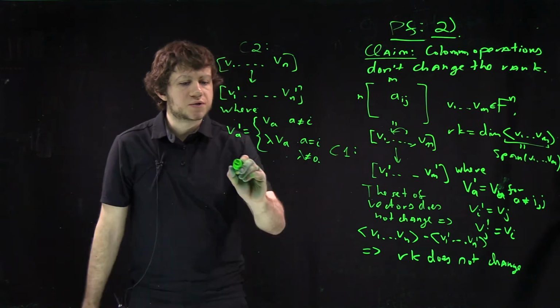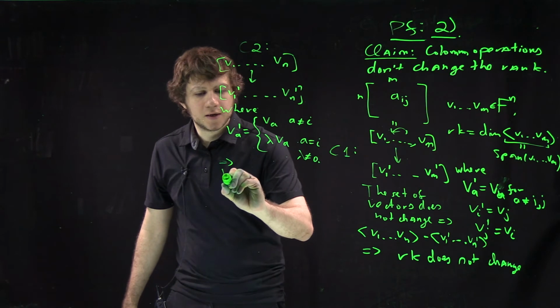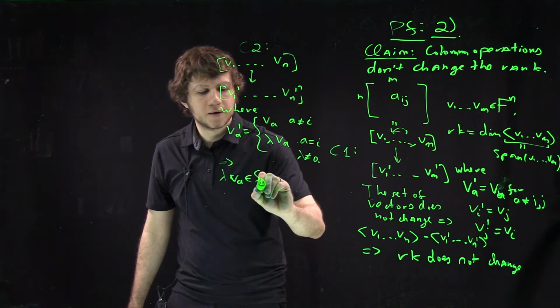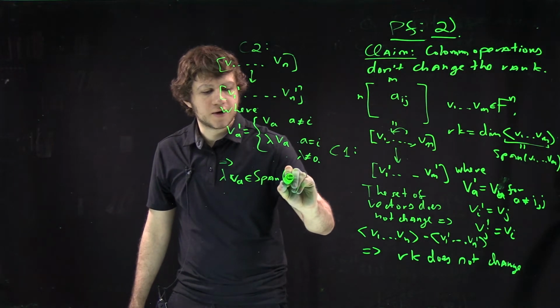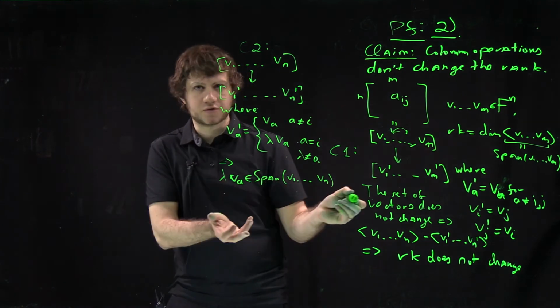But of course, then we know that lambda va is inside the span of the vectors v1 up to vn, just because it's one of the vectors rescaled.